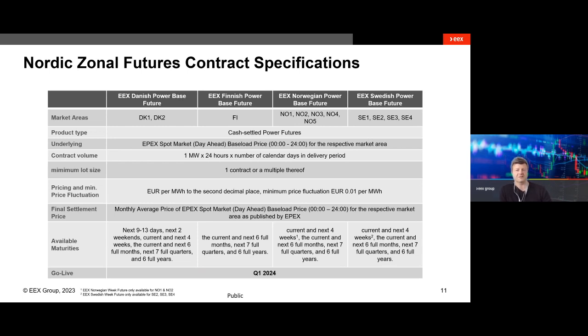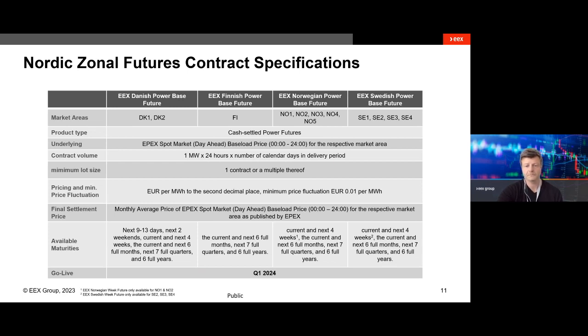For example, if companies have a substantial position in German power with us, it is possible to offset these margins and to actually reduce your margin collateral requirements instead of increasing it as well. That's one of the unique selling arguments of the launch of the zonal futures here, is that companies have substantial open interest in other products with us at the moment, and adding these into that provides an efficient setup for managing these margins. But as I say, it'd be nice if we could have a bit more time on that, and we will get back to the market, I would say, at the start of next year.